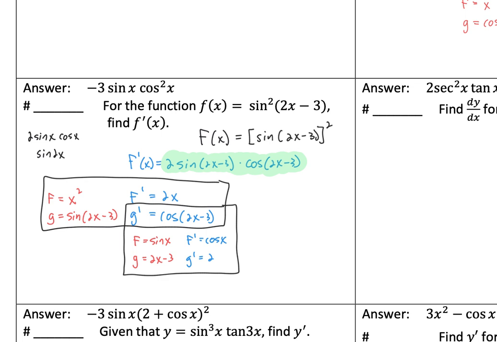If these are x's, then the identity you'll change it to a 2x, to twice that. So we could write it as, and I don't know what the answer is in this worksheet, but it could be sine of 2 times the angle, which is really 4x minus 6. Right? Whatever these angles are inside of sine and cosine, just double that in your answer.